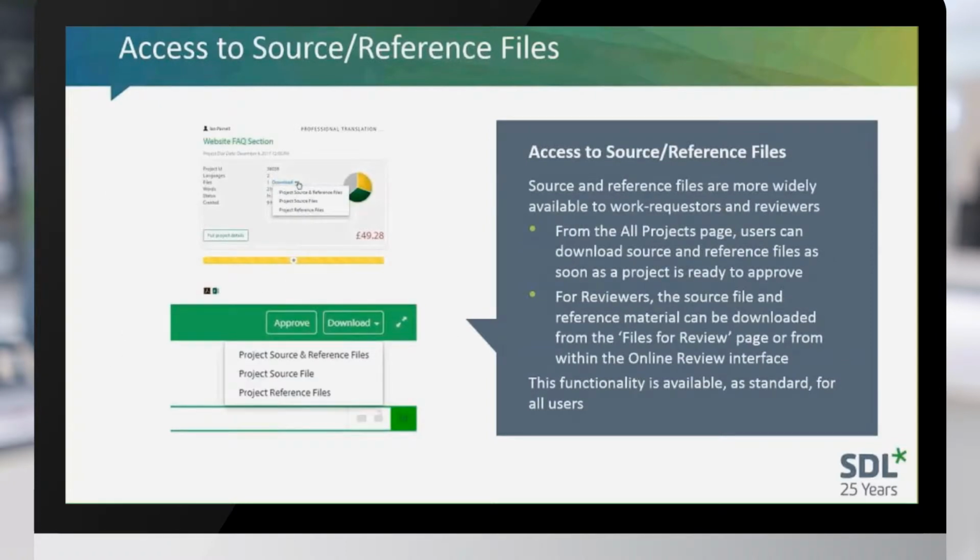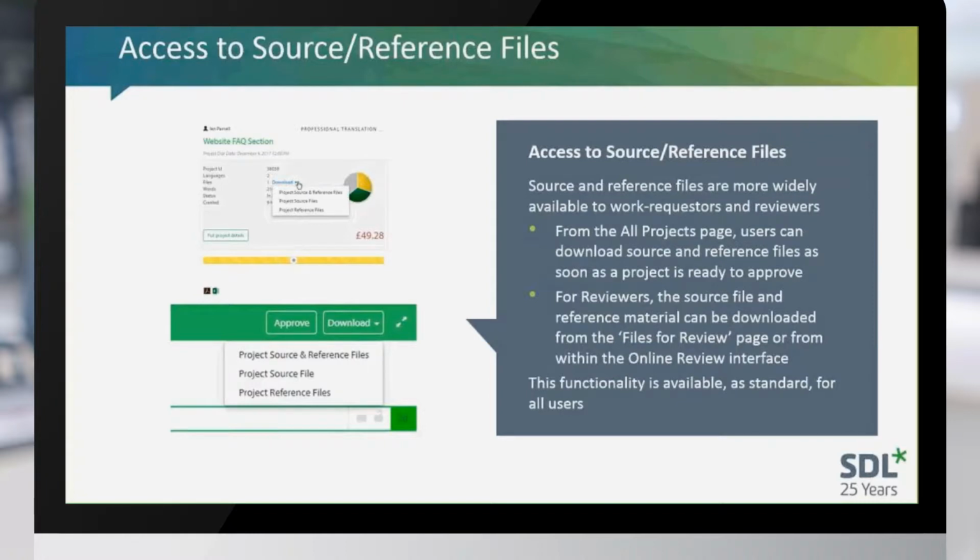We have also extended access in terms of how users can get to source and reference files associated with a project in Managed Translation. So there's a couple of areas in which we've made this possible, corresponding to the two screenshots that I've included in this slide.